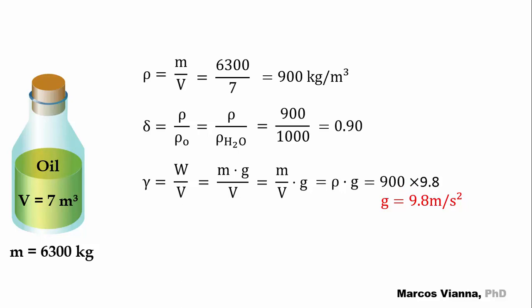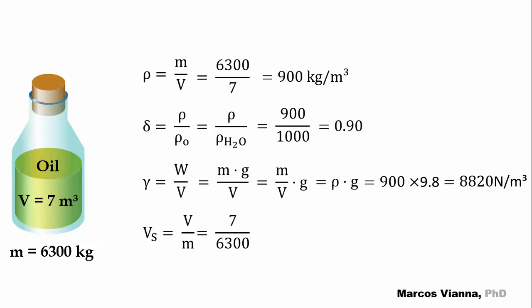So the specific weight will be 900 times 9.8, 8,820 newtons over cubic meter. The specific volume will be Vs equals V over m equals 7 over 6,300 equals 0.0011 cubic meters per kilogram.